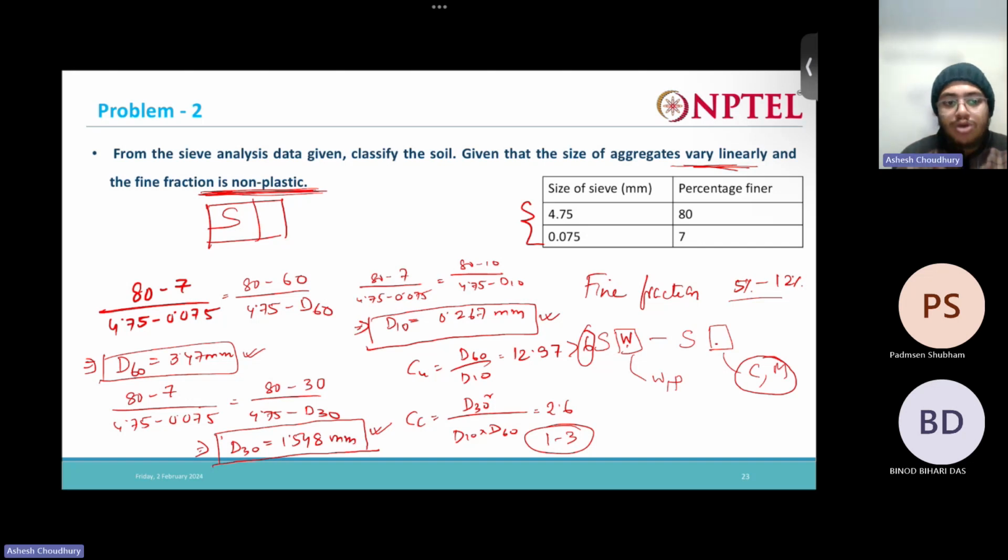Yeah, correct. It will be silt, that is SM. So our final classification will be SW-SM. So well graded sand with silt. This is the classification. Okay.